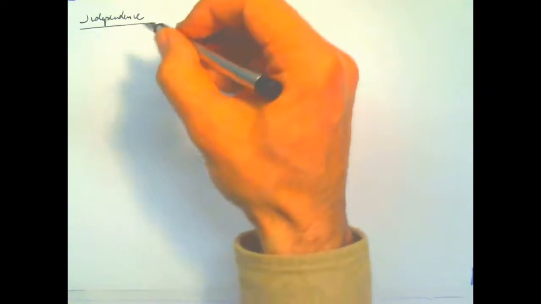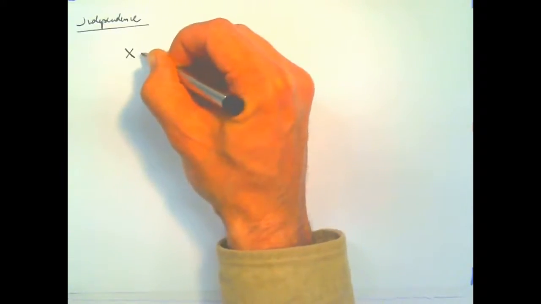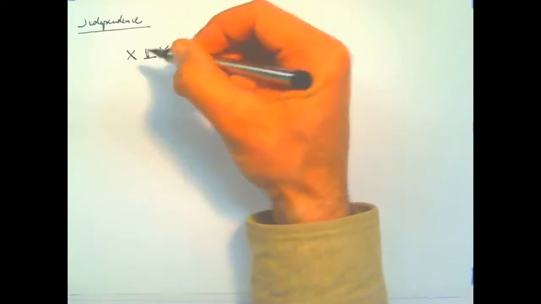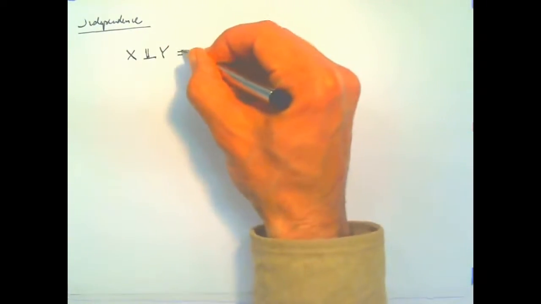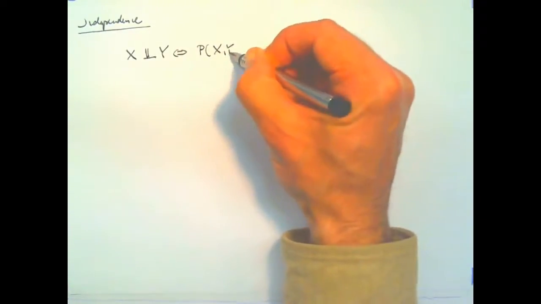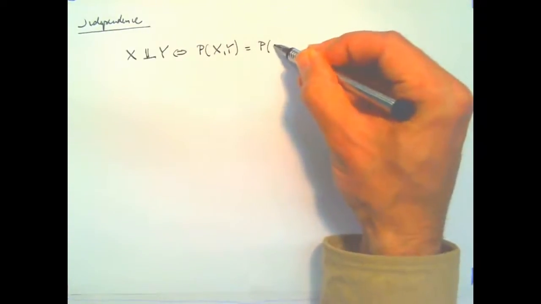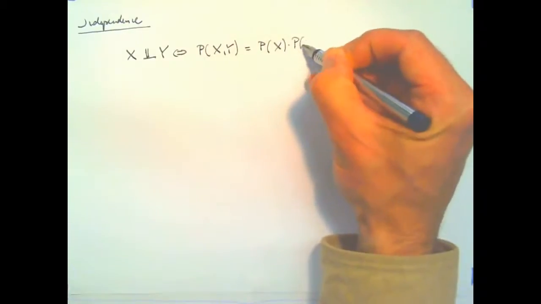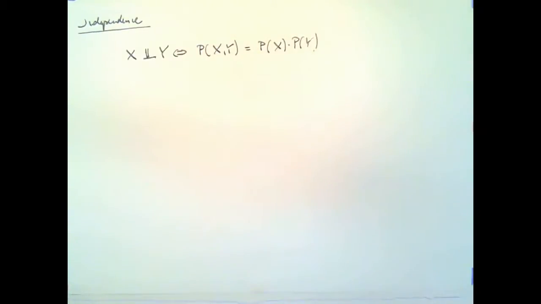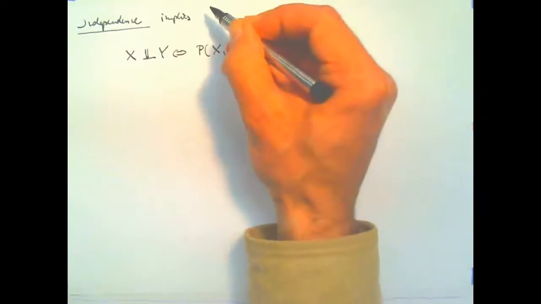Independence is abbreviated, for example, like that, or other people prefer to write a double bar here. It means that the joint factorizes, so the joint distribution of X and Y can be exactly represented as a product of the marginals. And independence does imply 0 correlation or 0 covariance.